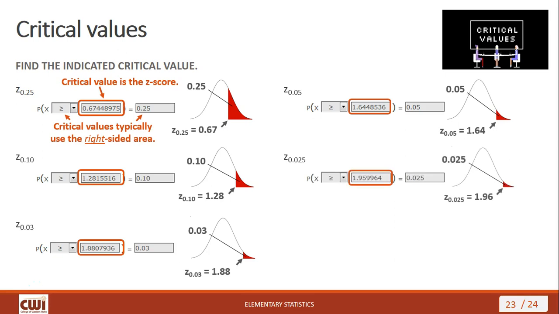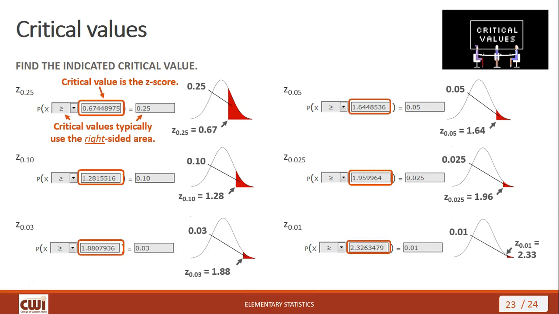Again, just replace the 0.05 with the 0.025, and out comes the 1.96 value that we saw earlier. Here's our last one, z sub 0.01. When you put that in, out comes our z-score, critical value 2.33.